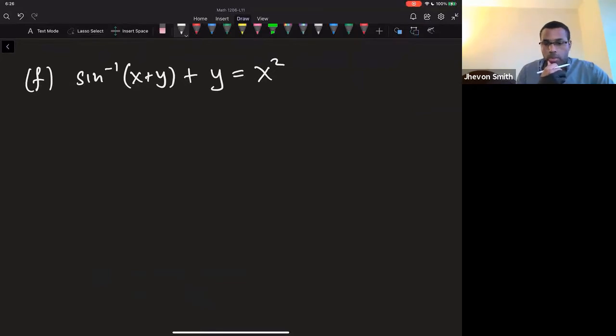Okay, so in this one, we have our x's and y's kind of mixed up together. We even have a y stuck inside of a sine inverse here, which we can't get out. So we need implicit differentiation here.